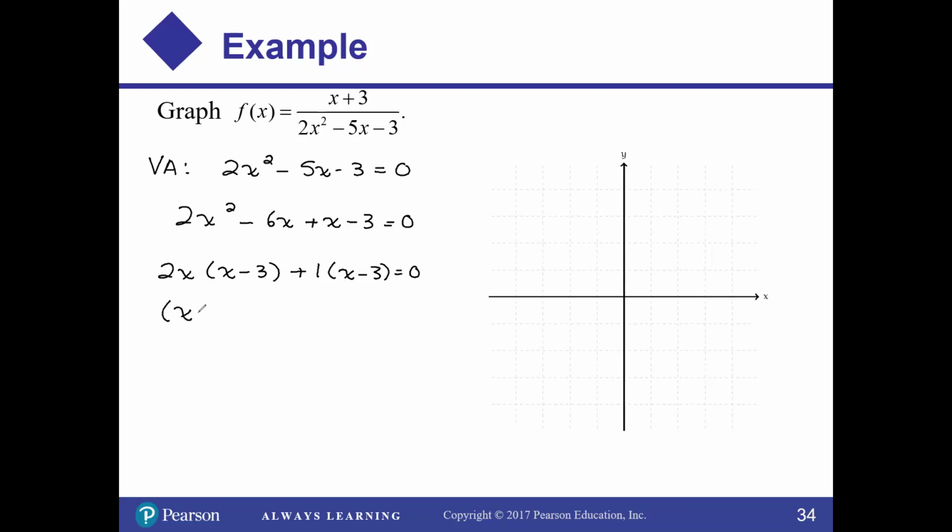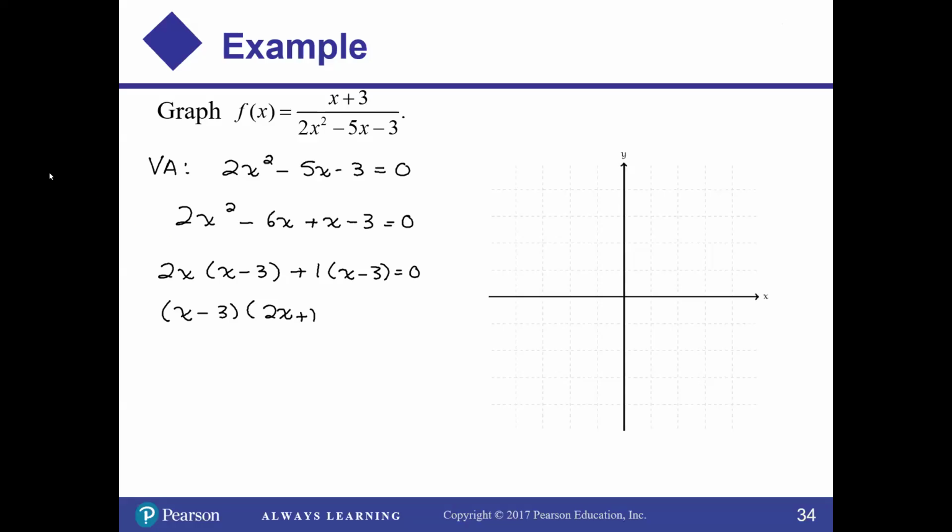If I factor out my x minus 3, what I'm left with is 2x plus 1, and that equals 0.